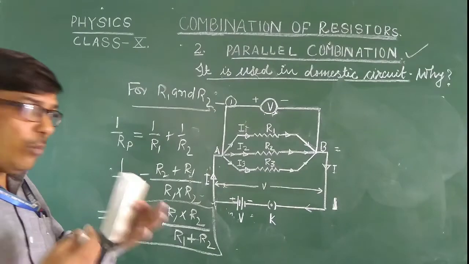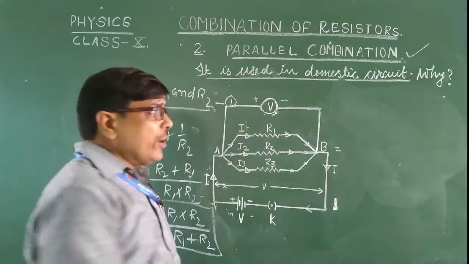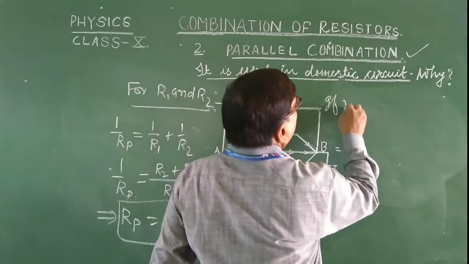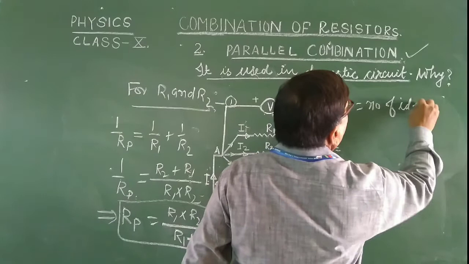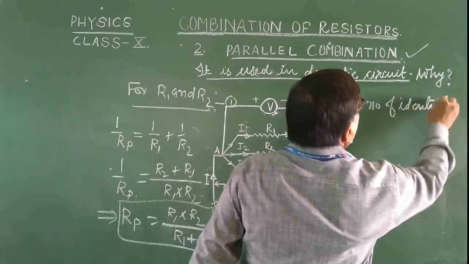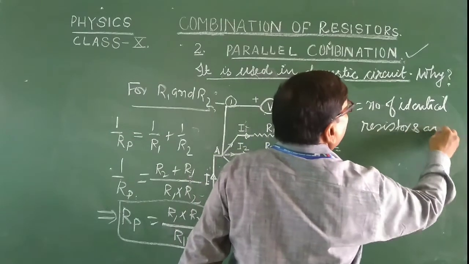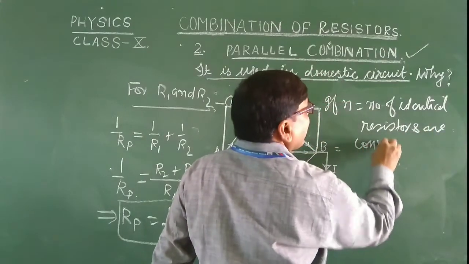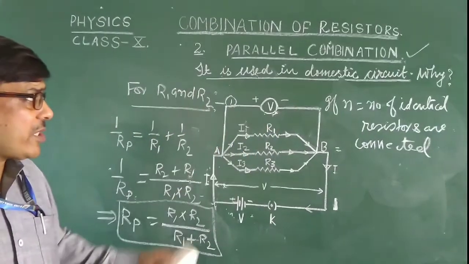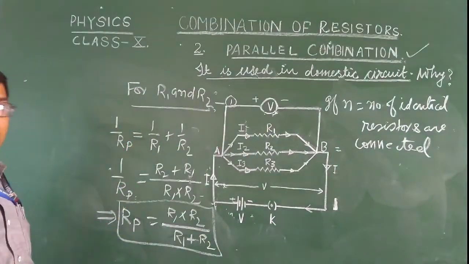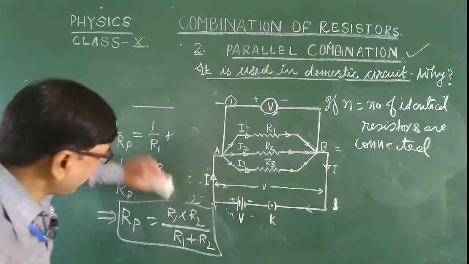And if n number of identical resistors are connected, then what will be the equivalent resistance of n identical resistances?